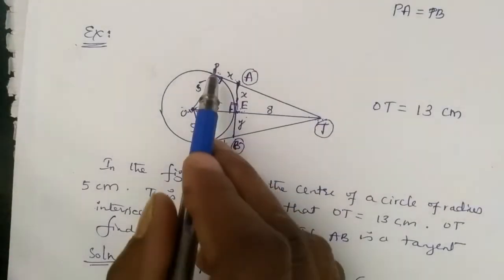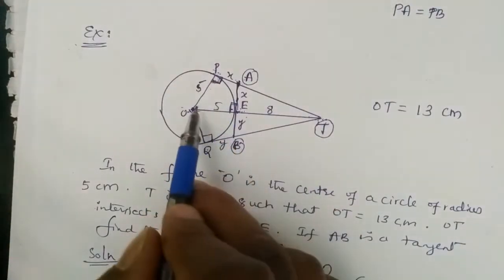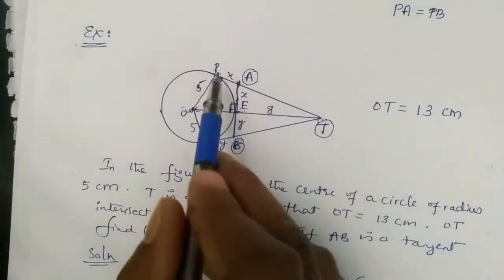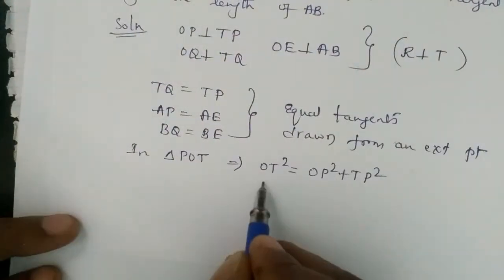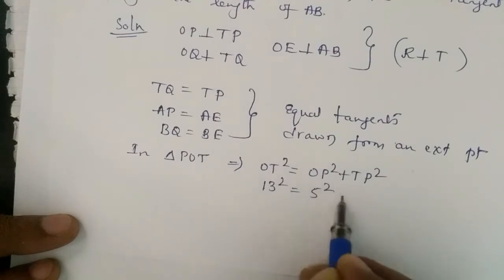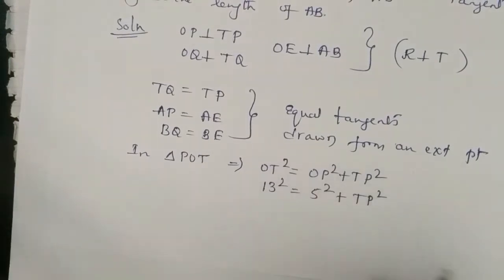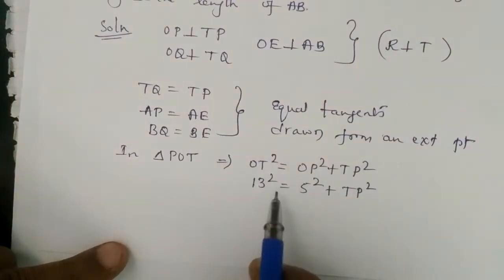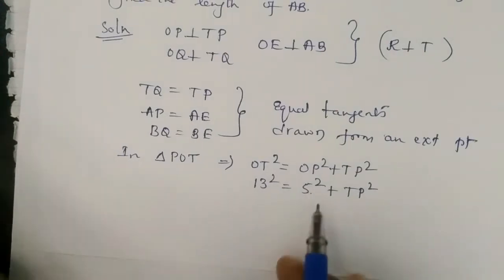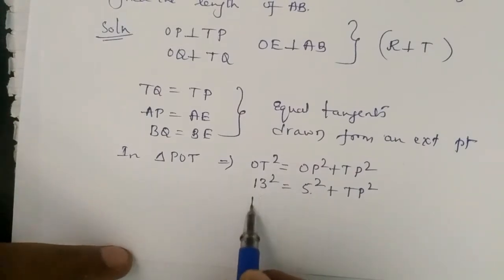OT is the hypotenuse. We substitute. OT square is 13 square, OP square is radius 5 square, TP square unknown. Or if you know the Pythagorean triplet, you can use it over here with 13 and 5. The third value of the triplet is 12 only. Or use the Pythagoras theorem.